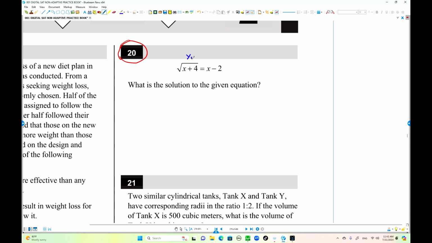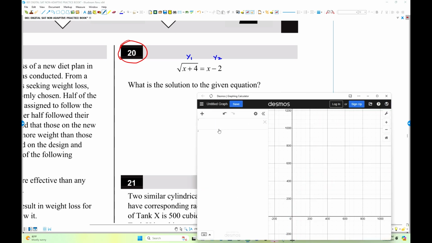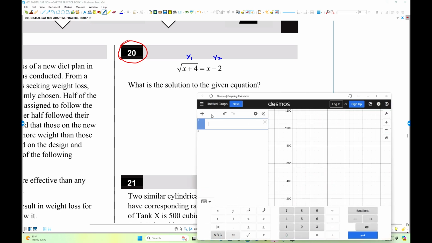This is y1. This is y2. We're going to find the intersection. All right. So y equals square root of x plus 4. And the other one is y equals x minus 2.